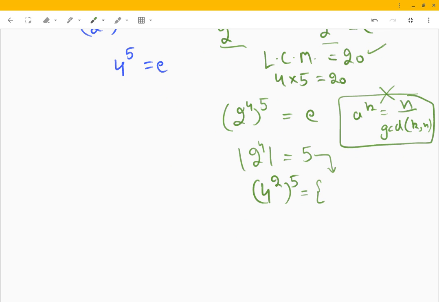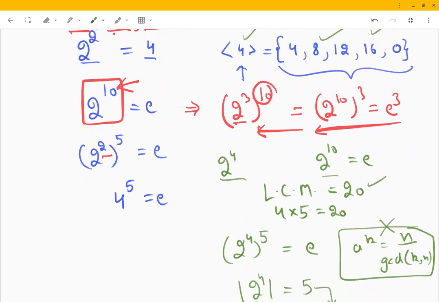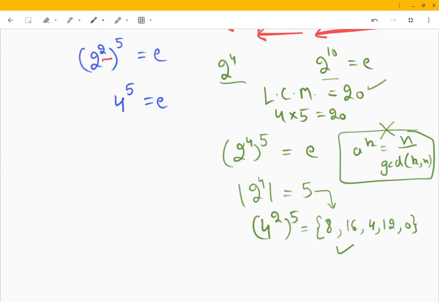Let's begin from here. 2 to the power 4 is 8, right? Addition: 8, then 16, then 24, which is 4, then 32, which is 12, then 40, which is 0. Yeah, this is the same as this, right?